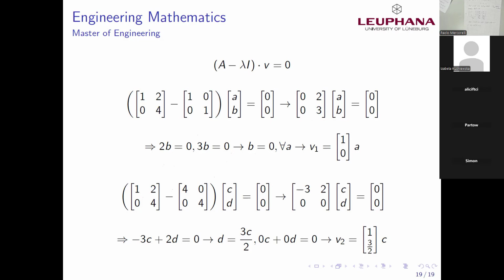It's satisfied for each A. This means V1 is 1, 0, multiplied by the parameter A. I don't know if this way to write is understandable. If A could be anything, A times (1, 0) is the vector, or the direction, if you don't like to say the vector. This is the eigenvector. For each A, we say (1, 0) is the eigenvector.